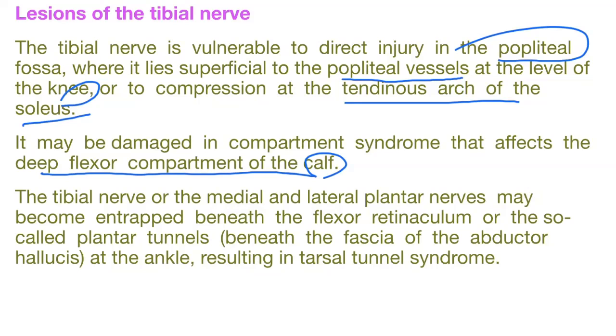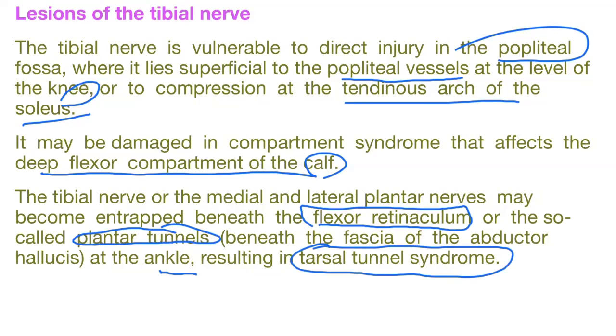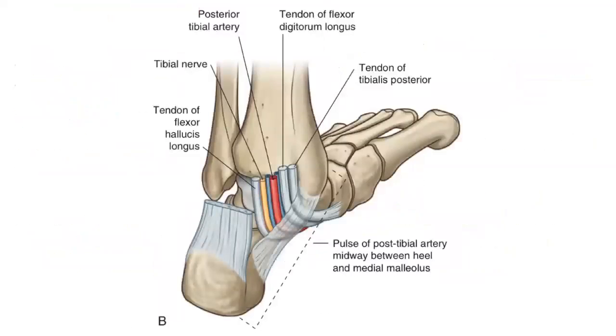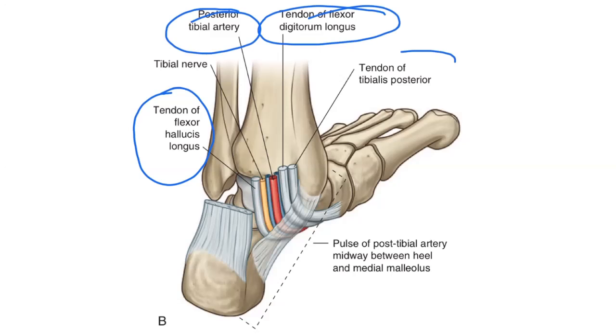beneath the flexor retinaculum, or the so-called plantar tunnels, right, beneath the fascia of the abductor hallucis at the ankle, resulting in tarsal tunnel syndrome. We have already discussed this in the previous classes. This is the tarsal tunnel, right? So different structures: flexor hallucis longus, tibial artery, another tendon, another tendon.